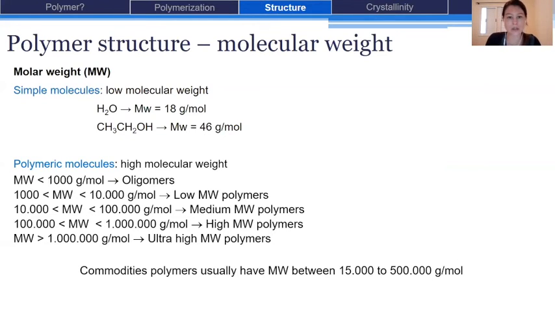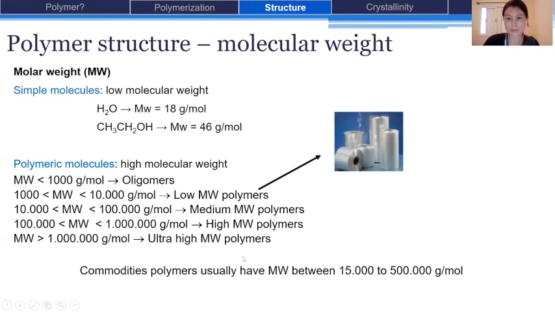Depending on the value of the molecular weight, we will classify them. If the molecular weight is lower than 1000 grams per mole, we will say that we have an oligomer. If it is between 1000 and 10,000 grams per mole, we have low molecular weight polymers.